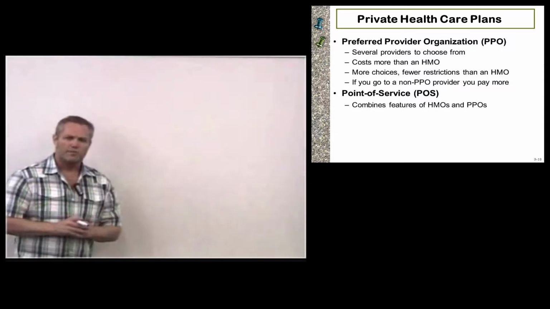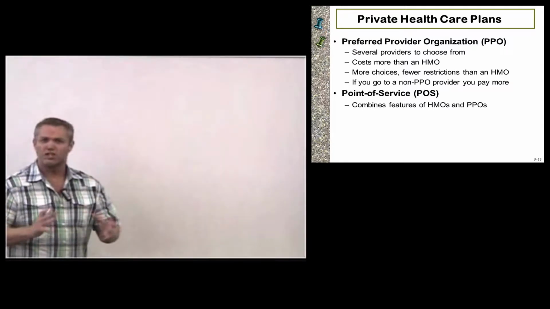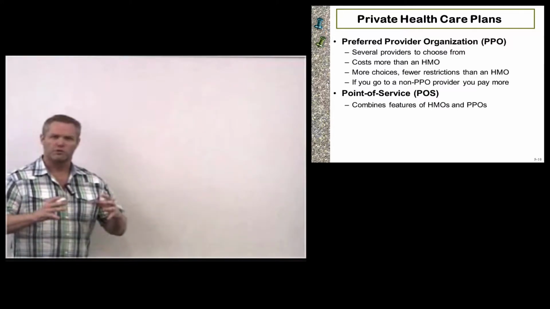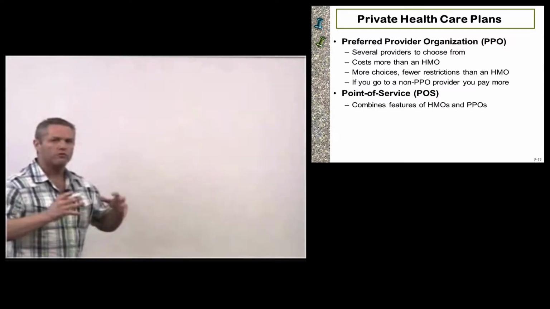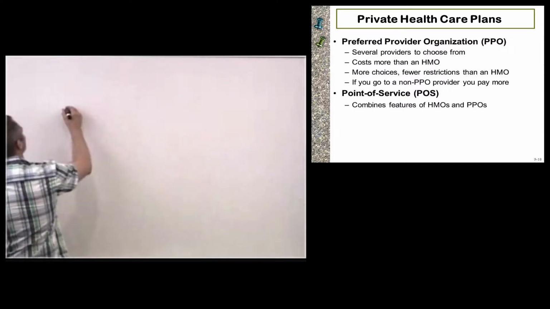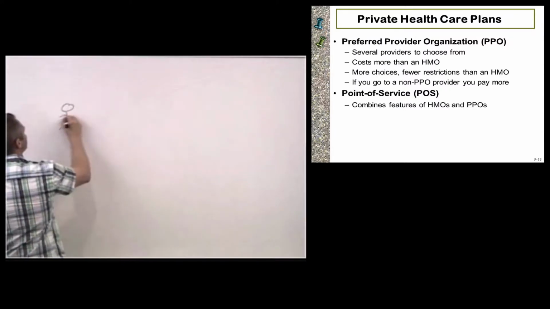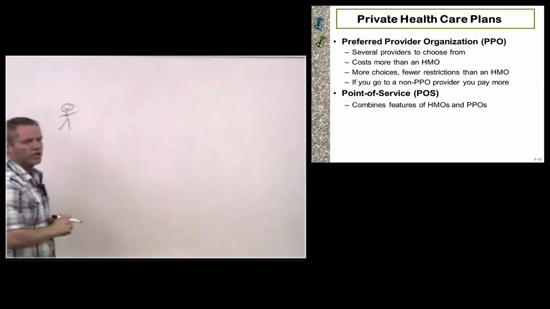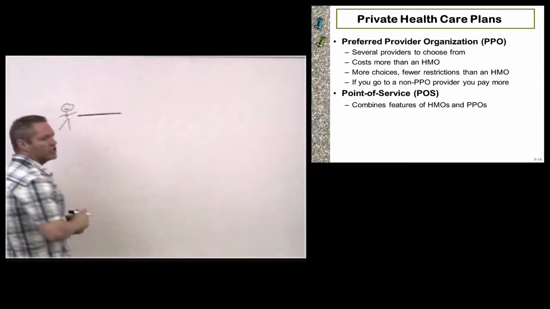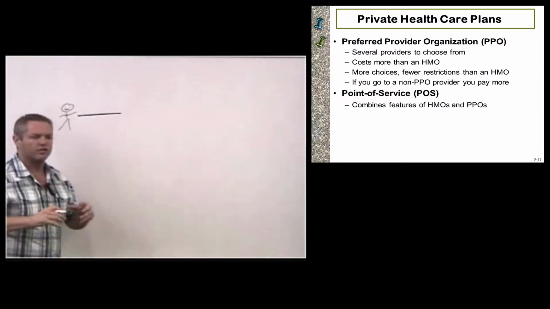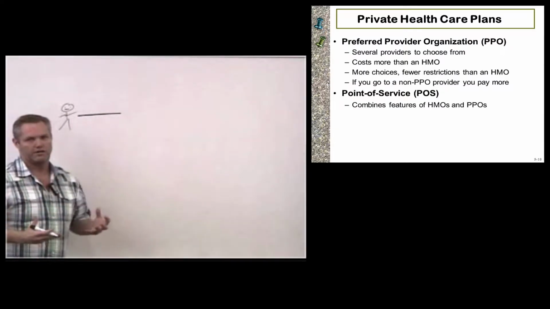Okay, so now I'm going to draw a very simple diagram of the difference between an HMO and a PPO. So first we're going to start with an HMO. We have you as the individual who needs health care. And you are going to be assigned to a doctor, and that doctor gets what's called a capitation rate.